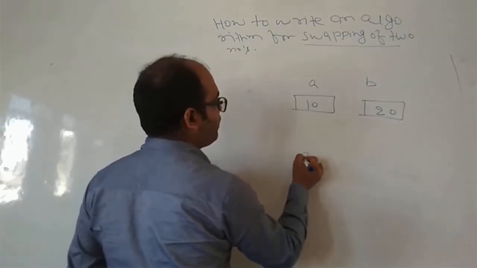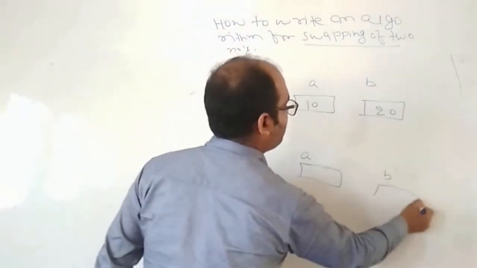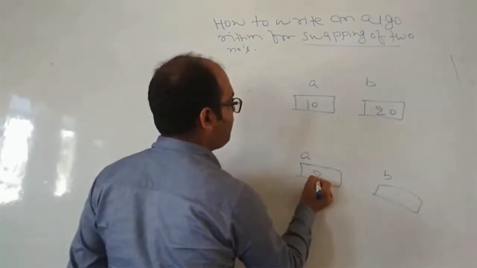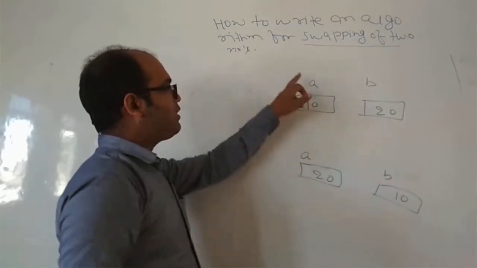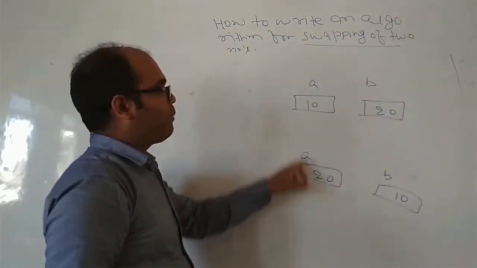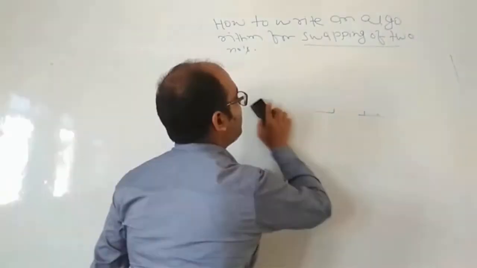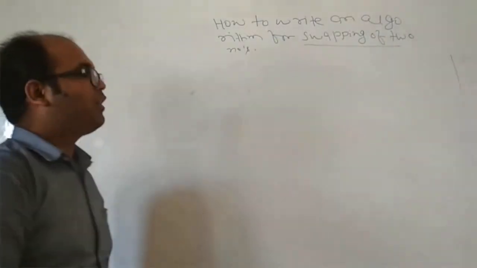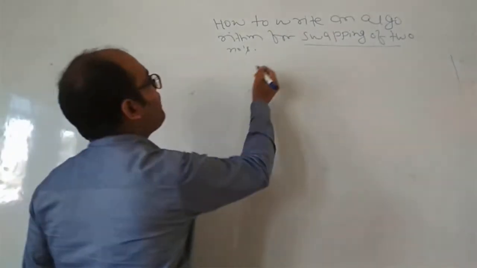Swapping means after some steps the value of A and B will become interchanged. The value of A will become 20 and value of B will become 10. So this is swapping. Now for this we have to write one algorithm.